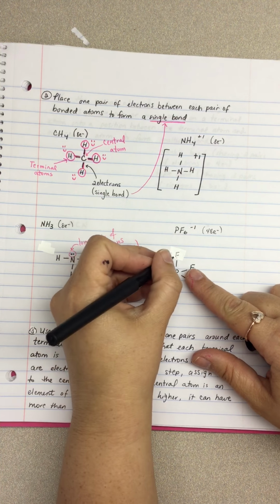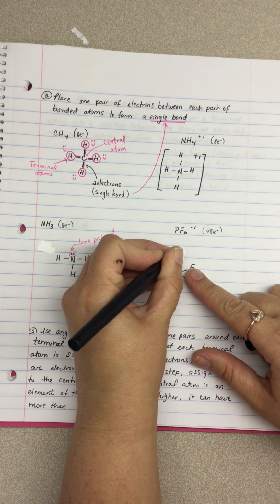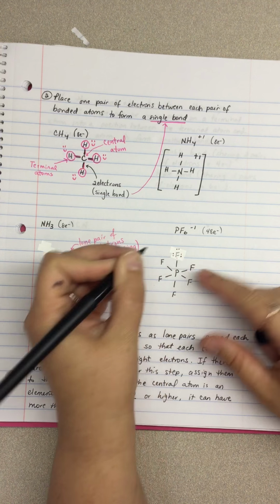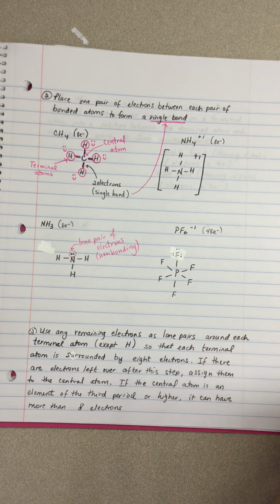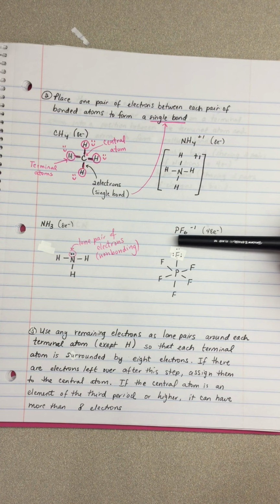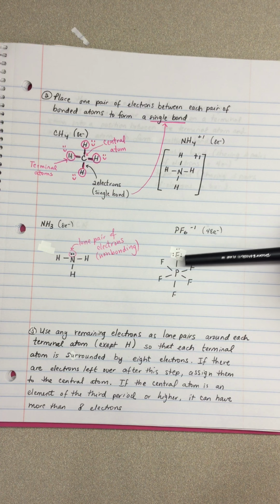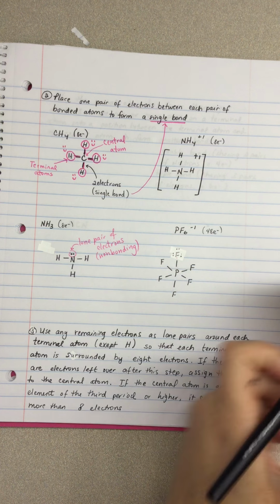So you have 2 in the single bond, and now you need to put 3 pairs of electrons around F, and your 3 pairs of electrons are 6 electrons plus those 2 in your bond. That will be a total of 8.